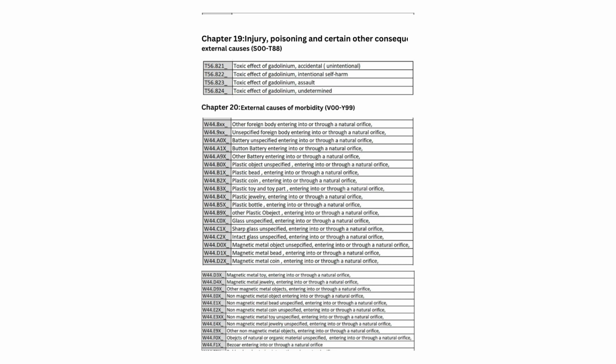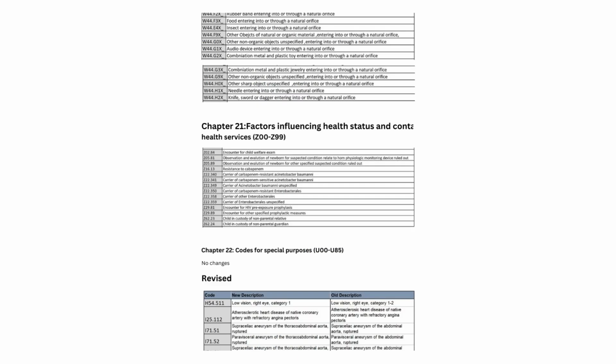Batteries, plastic coins, plastic beads, jewelry, bottles, glass, magnetic metal objects, metal jewelry, and non-magnetic metal beads, metal toys, bezoar, which is like a clump of hair or natural fiber, and then we have food, rubber bands, combination of metal, plastic, and needles, then knife, sword, or dagger entering into the natural orifice.